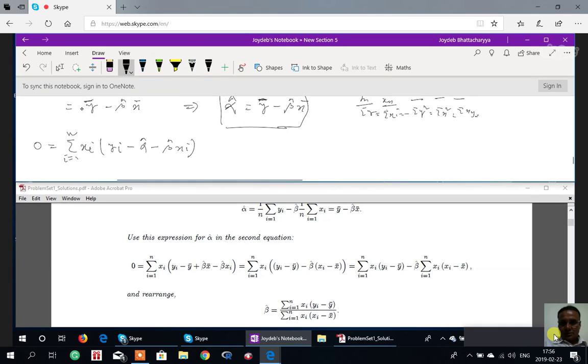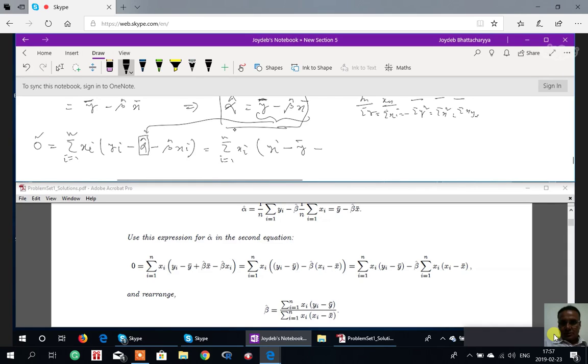So in place of alpha hat, if we put this value over here, 0 will still be equated with summation xi, i running from 1 to n, of yi minus alpha hat, so it is y bar minus beta hat x bar, and in front there is a minus.